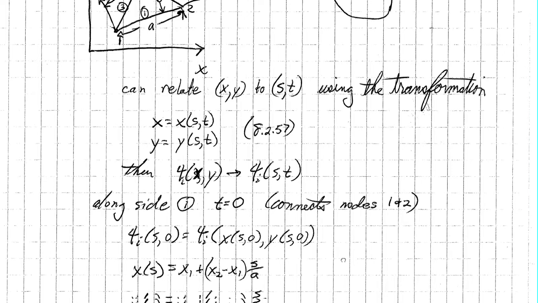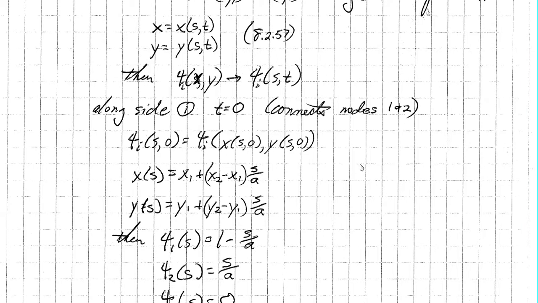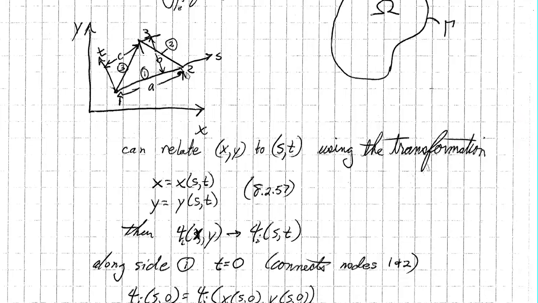So if I come back up here, here's my side 1 from node 1 to 2. Along here t equals 0, where we connect nodes 1 and 2. So psi 1 is going to be a function of s and 0. You can write it out in terms of x and y.